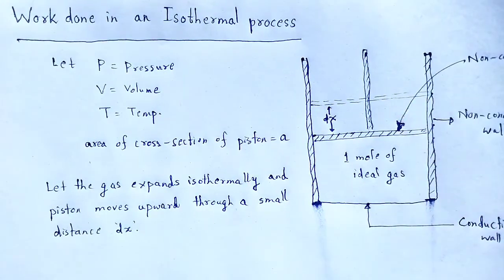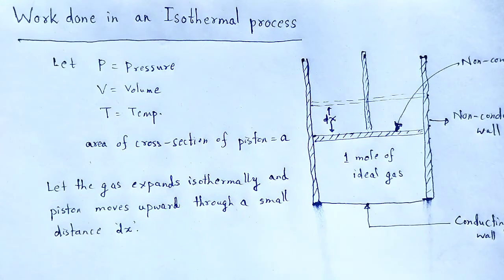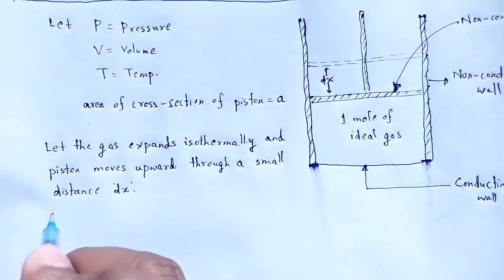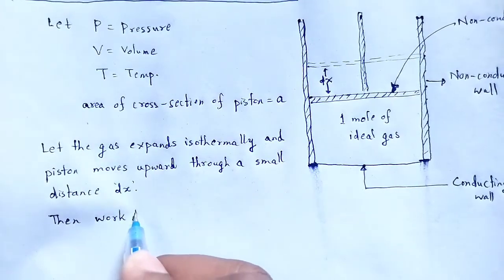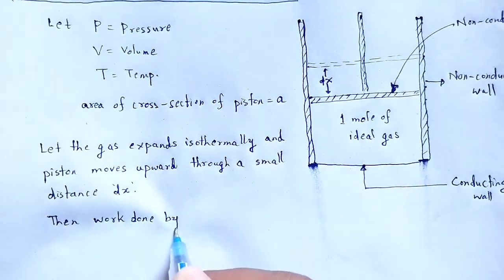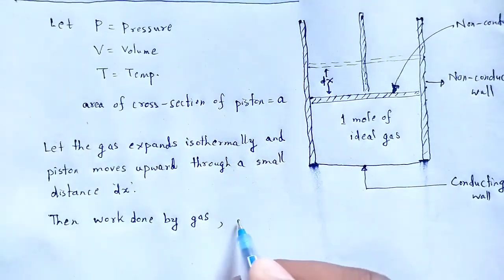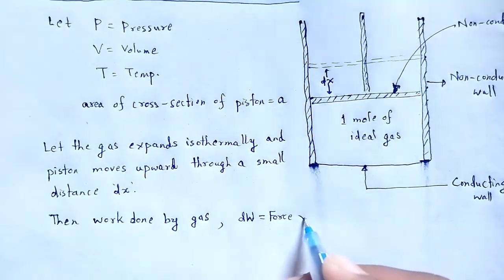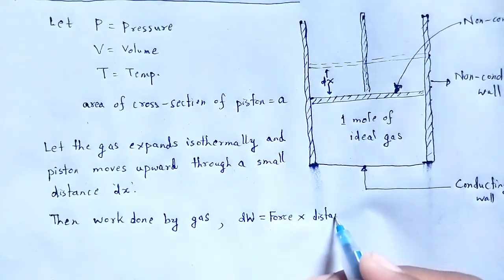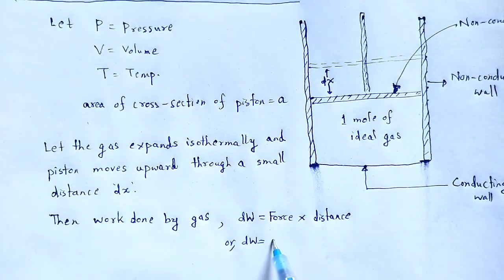So, what should be the work done by that gas? Since the piston moves upward, the small work done dW is equal to force into distance, or dW is equal to F dot dx.